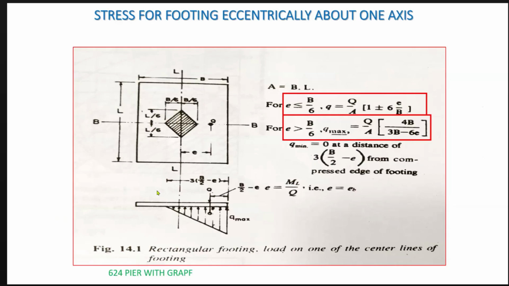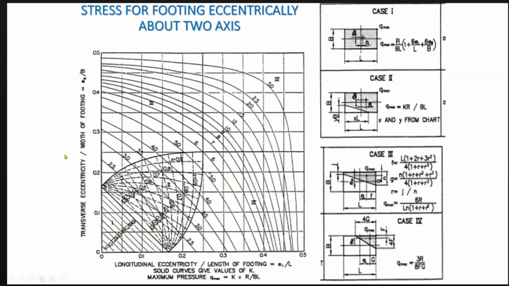This is the current theory we are using, and for biaxial also we will use this type of chart for calculating the equivalent compression force. So these are used for calculating compression force by avoiding the tensile forces.